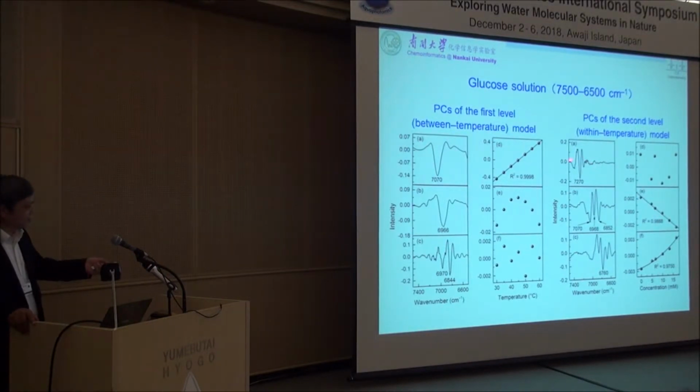This is the interference from the water vapor. This experiment was done in the summer, so we didn't use the nitrogen gas to flow the gas. So this is interference. So the second PC is the main information of the water.